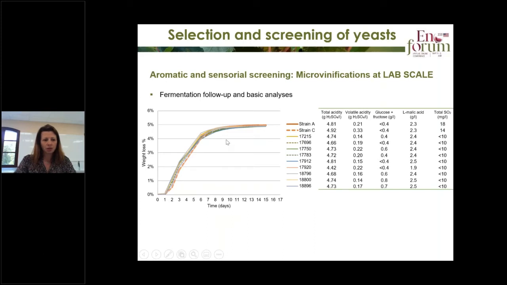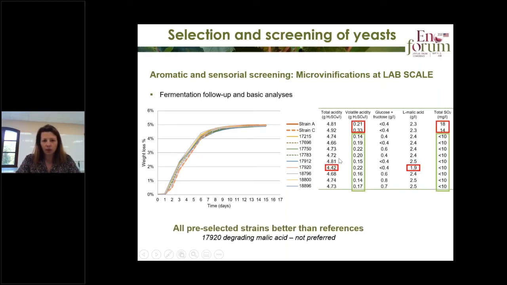From this graph, it can be seen that there was no difference in lag phase and fermentation capacity between strains. And we can see here that the strain 17920 degrades L-malic acid, and it's not a positive oenological characteristic for Sauvignon Blanc yeast selection, so this strain is not selected for the rest of the study.